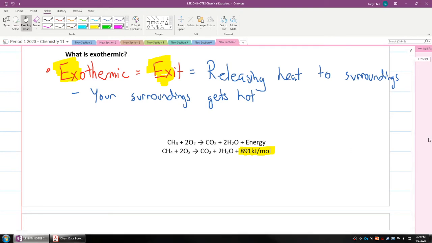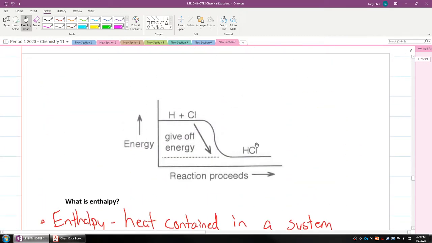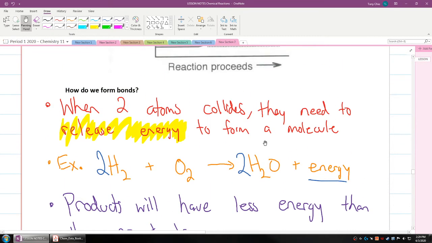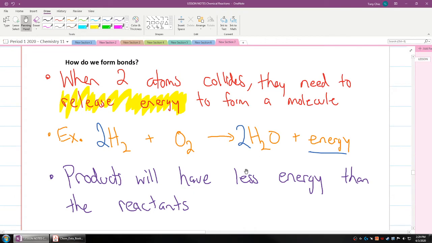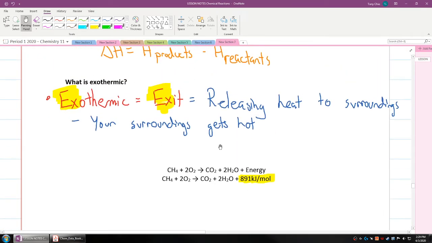Now, let's think about it for a second. If we release energy, are we breaking bonds or are we forming bonds? Well, if you go back to our previous example, when you see that you are releasing energy, that means we're forming bonds. So in this case, usually exothermic reactions are, in a sense, you are forming bonds.